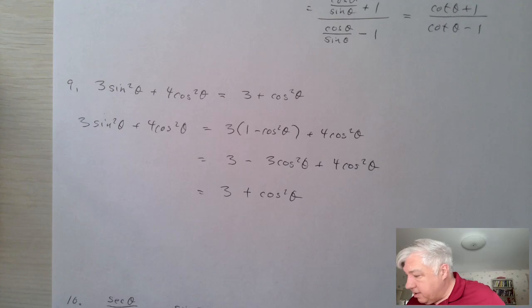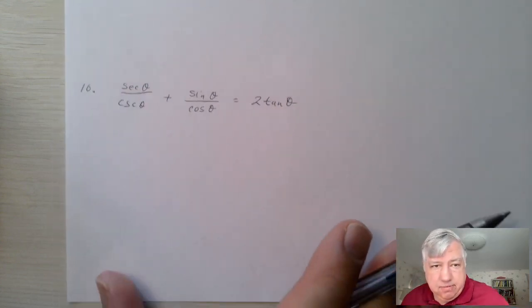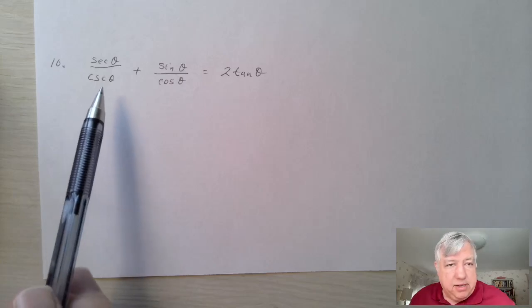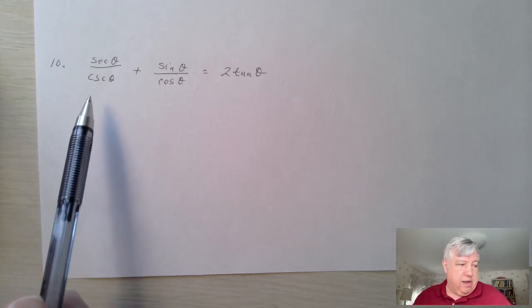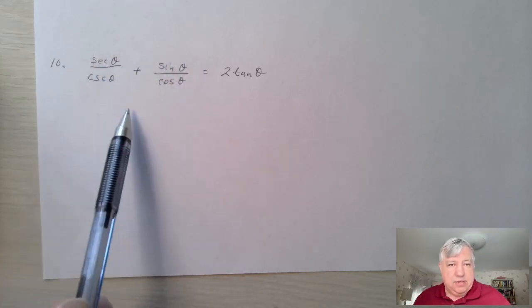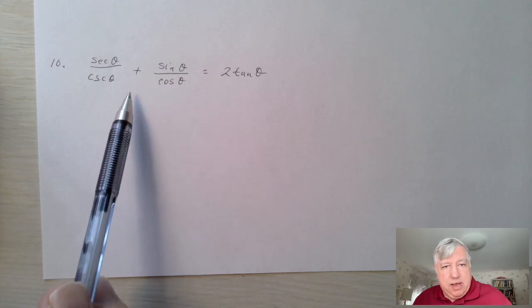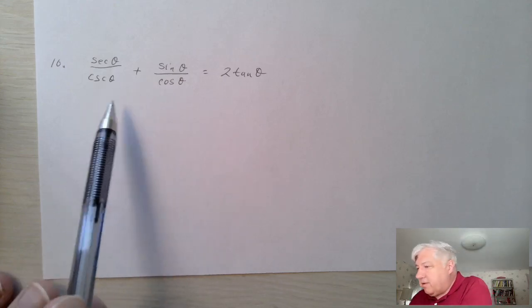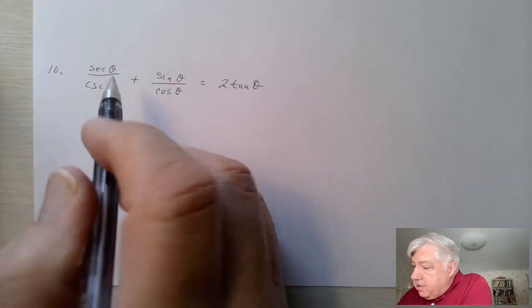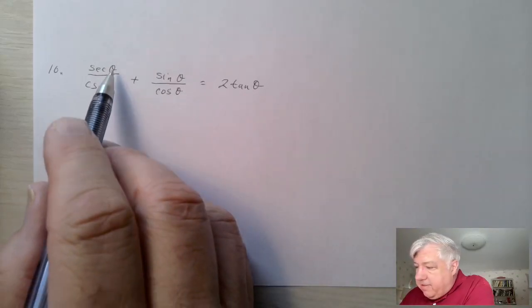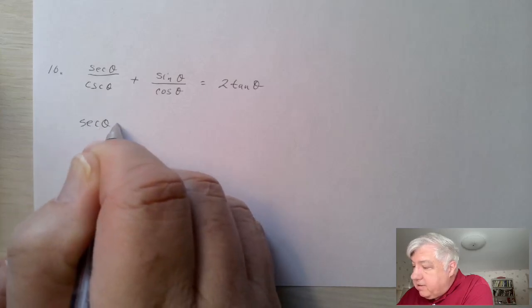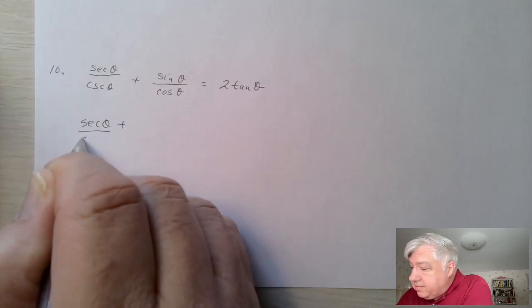Okay. For number 10, let's start with the left-hand side. This is more complicated, and let's try to write everything in terms of sine and cosine. When in doubt, that's always a good way to do that. So let's rewrite the left-hand side first.